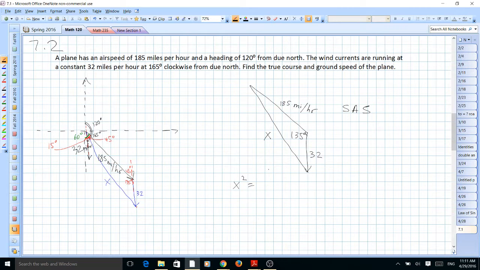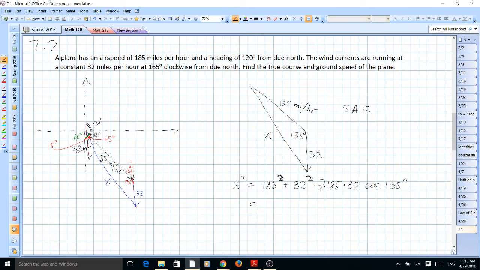So x squared has to be 185 squared plus 32 squared minus 2 times 185 times 32 times the cosine of the 135, the angle that's opposite of the x. I'm sorry, this is 185 squared plus 32 squared, minus 2 times b times c, and then the cosine of the angle that's opposite of the x.